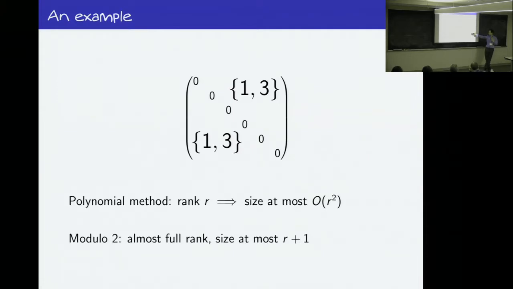If your entries aren't integers, say maybe they are algebraic numbers, then instead of working in the ring of integers and reducing modulo a prime number, you're going to work in the appropriate number ring and reduce modulo a prime ideal. But it's the same game you're going to be playing.